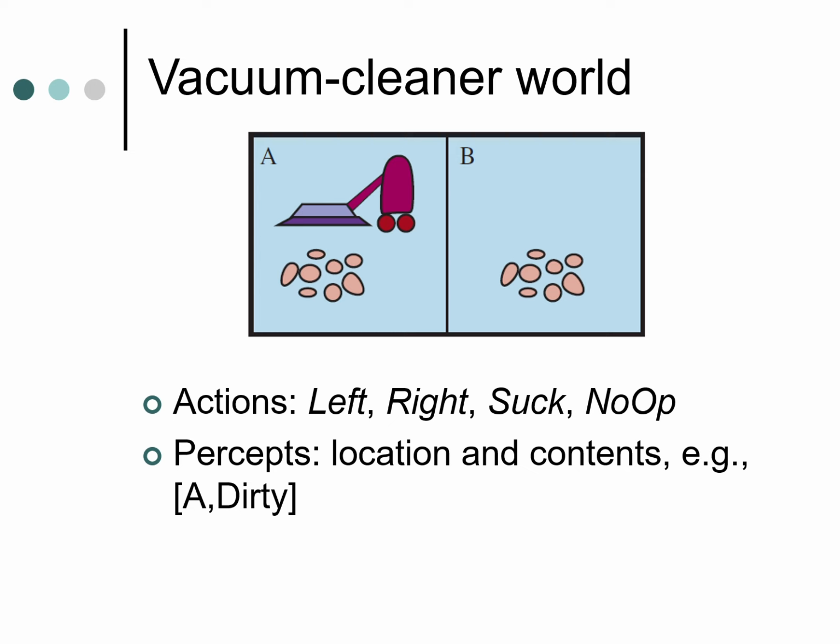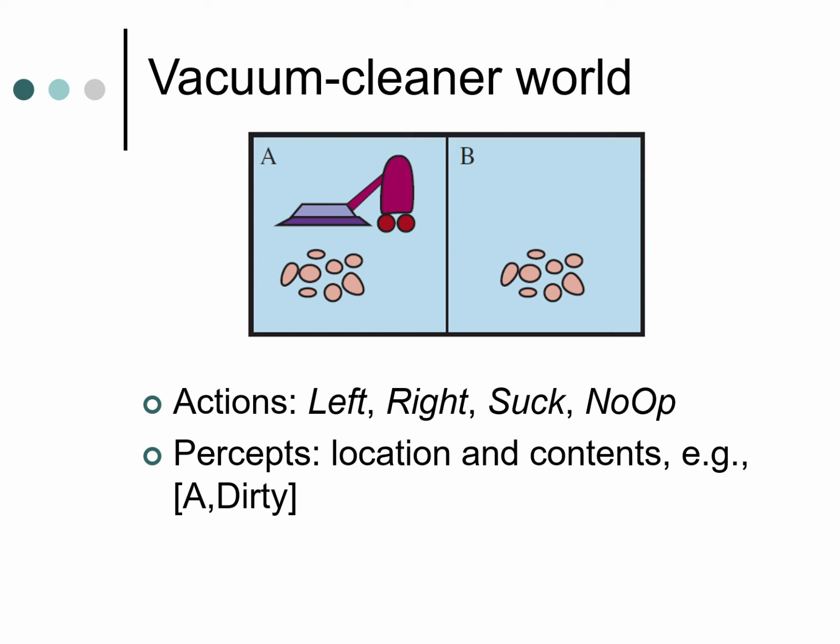Here, the location is where the dirt is present on the floor, and the content tells whether dirt is present or not. If the dirt is present on the floor, it will suck, otherwise it can easily move on by skipping.